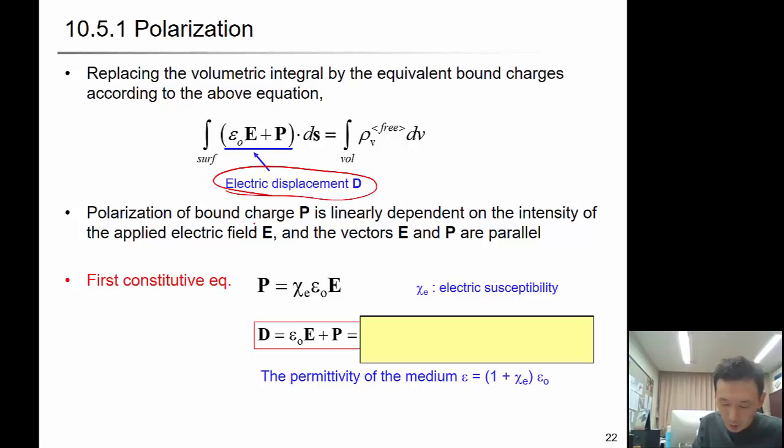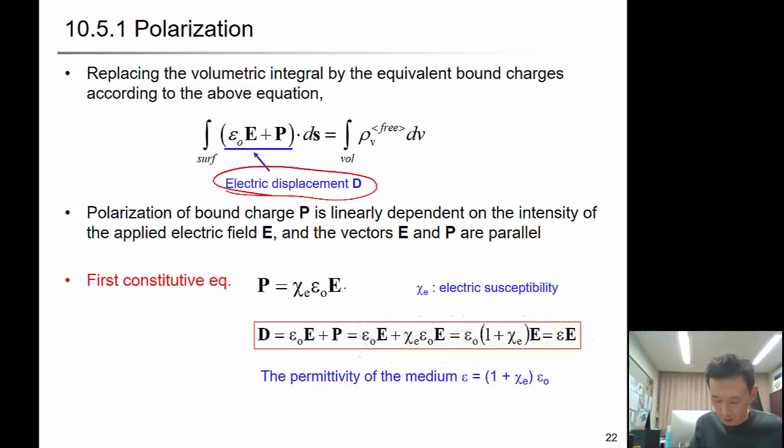Then the polarization of the bound P is linearly dependent on the intensity of the applied electrical field E, and the vectors E and P are parallel, so that P is psi times epsilon naught times E. So then this D is initially epsilon naught times E plus P, and epsilon naught times E plus psi epsilon naught E. So then we can take out this and this one, and this will be in parentheses, so that the permittivity of the medium epsilon is 1 plus psi times epsilon naught.